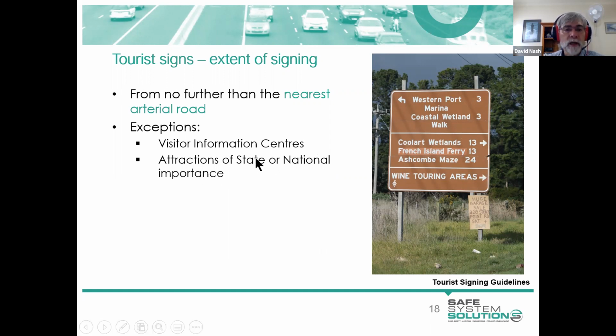And the other exception are attractions of state or national importance, which in Victoria are determined by the Department of Transport now, and what used to be Tourism Victoria, but has now also been absorbed into some other massive department. But the tourism people within that department and the VicRoads people should decide on which attractions are of state or national importance, and they're the only exceptions to this rule.